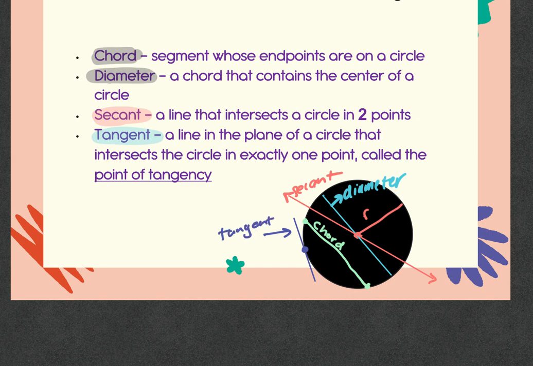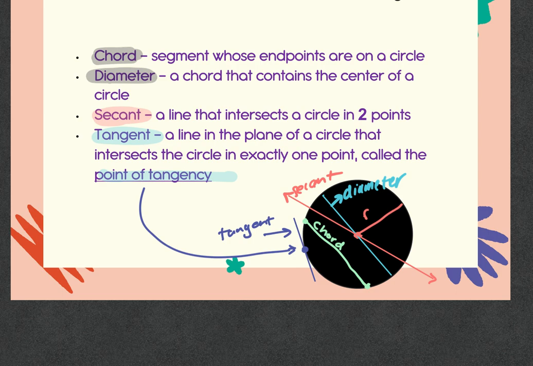It hits against 1 point on the edge of that circle, and that point is called the point of tangency. So in the beginning of this chapter, you're literally going to have to identify from a diagram which of these they are. It could say which one's a secant, or it could say name a secant. And then obviously this terminology starts to get built into theorems and postulates.